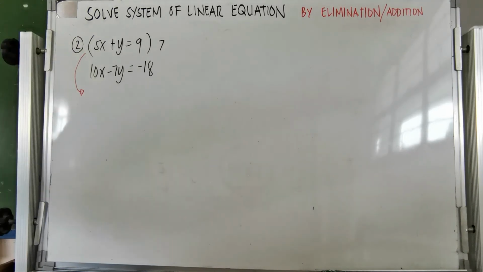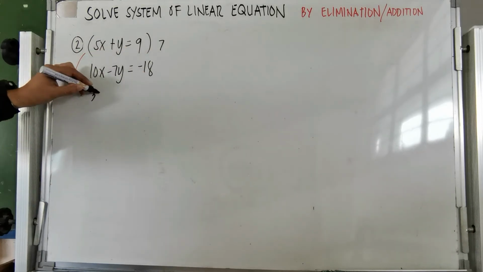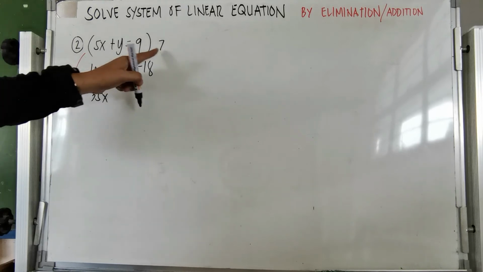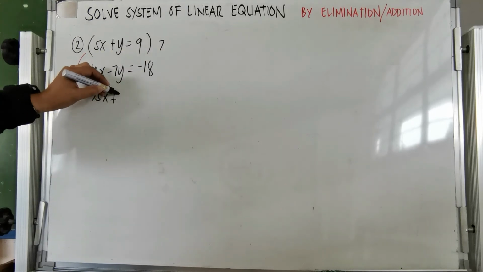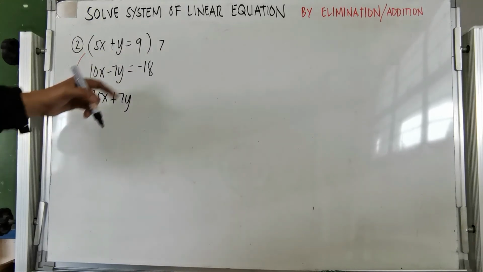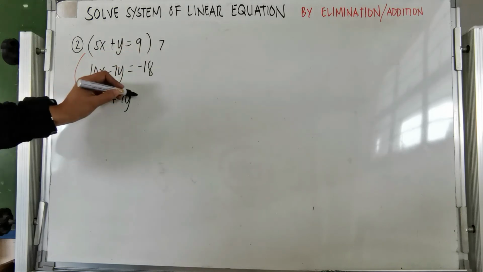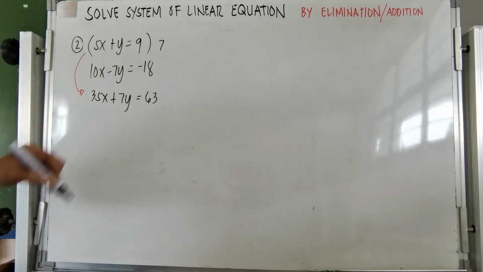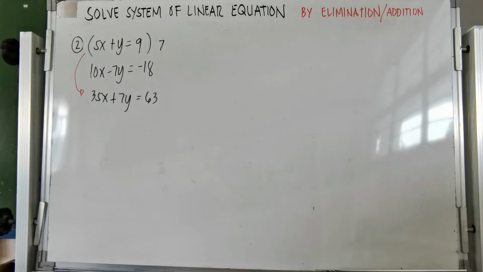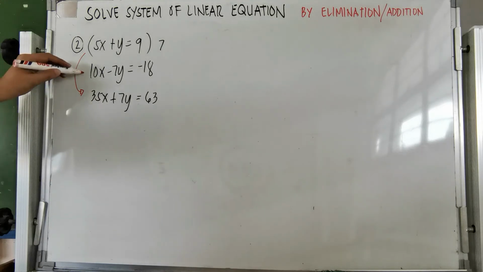Ibig sabihin, ang magiging first equation na natin ay 7 times 5x is 35x. 7 times positive y is positive 7y. Then 7 times 9 is 63. Okay, next. We have second equation, wala na tayong babaguhin. So, kokopyahin lang natin yan.